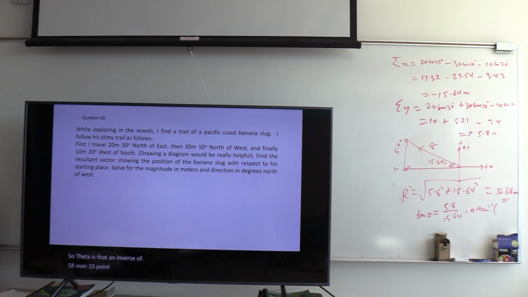See what that gives us. 0.371. So tan inverse of 0.371, see what that gives us. 20.3 degrees, so approximately 20 degrees.